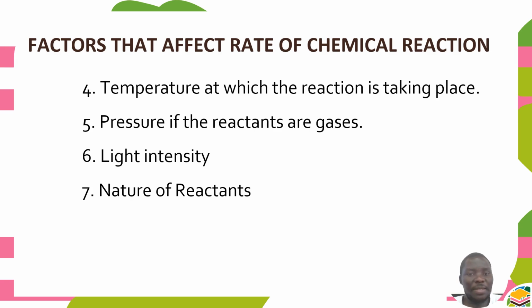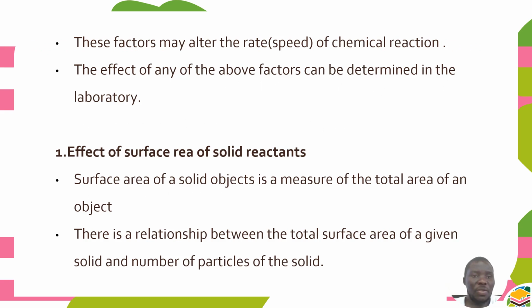Pressure of the reacting reactants if the reactants are in gaseous state. Light intensity as well as nature of reactants. So these factors may alter the rate or speed of the chemical reaction. The effect of any of the above mentioned factors can be determined in the lab by doing an experiment.